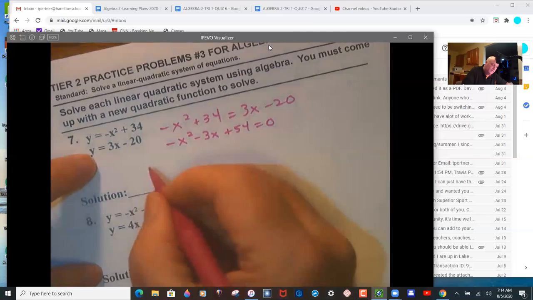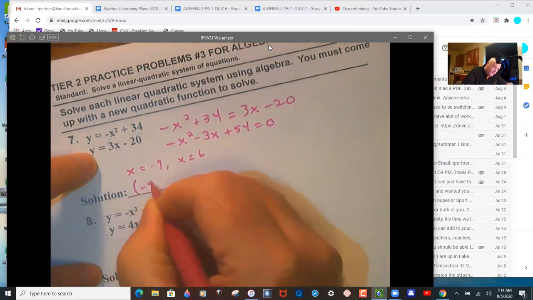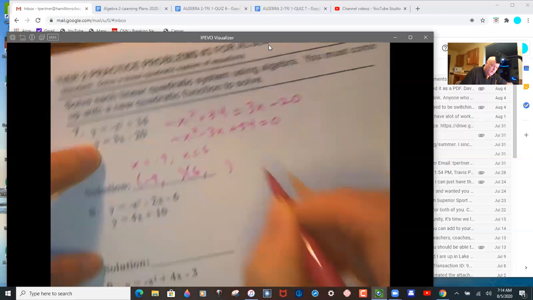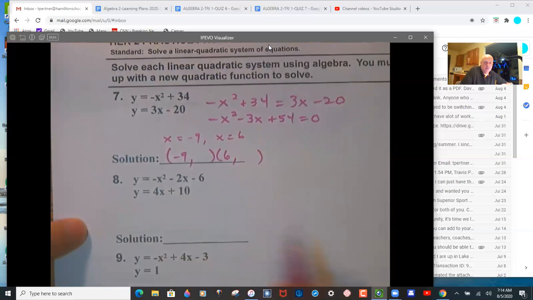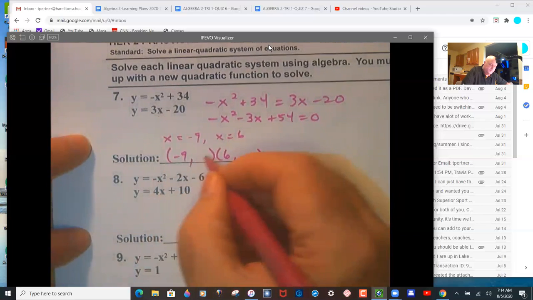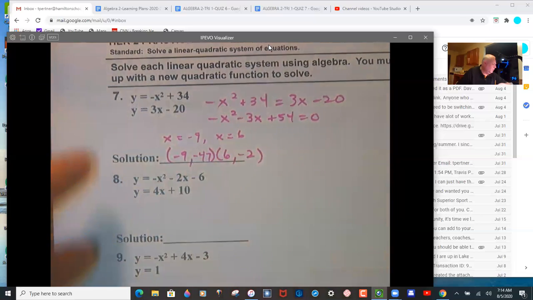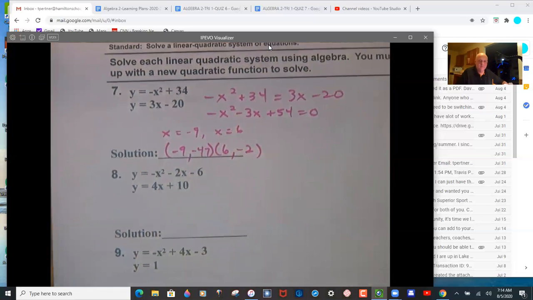And you're going to get -9 and 6. So that's the first part of the coordinates. And then just go up here. So -27 minus 20 is -47, and then 18 minus 20 is -2.